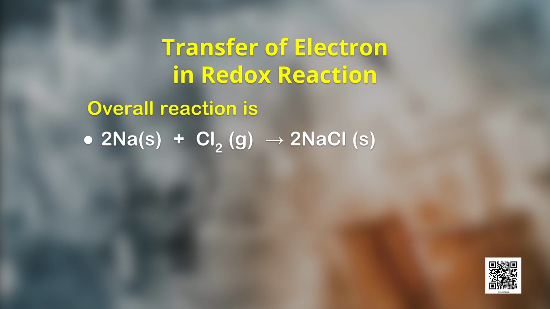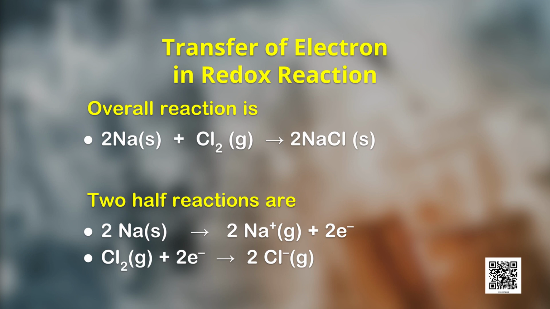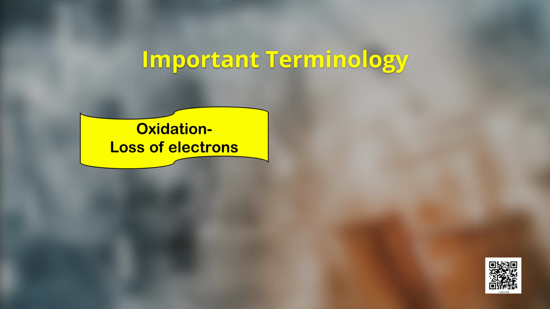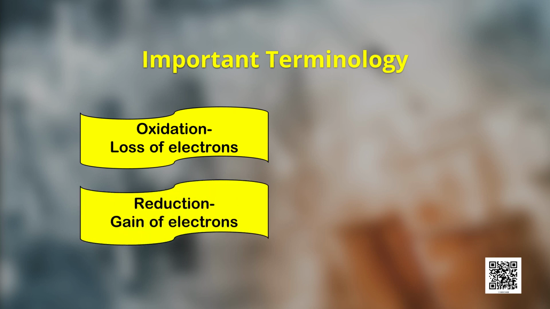2 moles of sodium in solid state join with 1 mole of chlorine gas and give 2 moles of sodium chloride in solid state. This reaction suggests that half reactions that involve loss of electrons are called oxidation reactions. Similarly, the half reactions that involve gain of electrons are called reduction reactions.